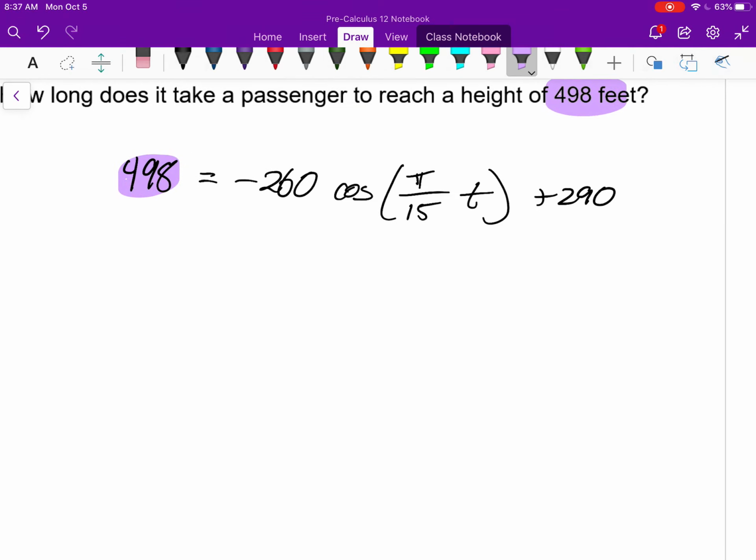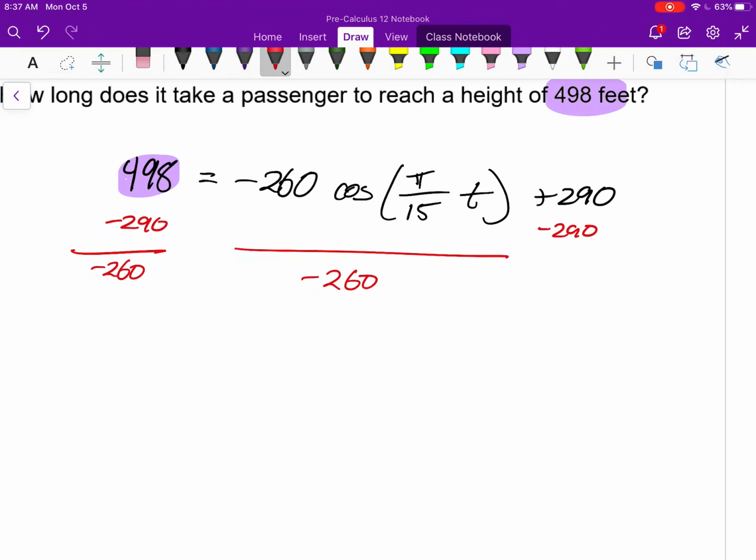It's going to get a little bit messy at one point, but let's start by subtracting 290 from both sides, and then also dividing both sides by negative 260.